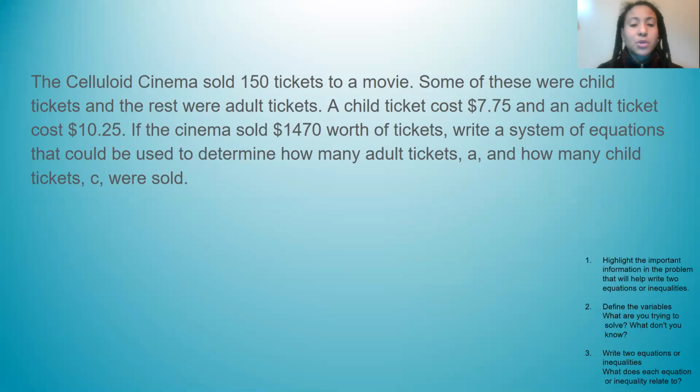If the cinema sold $1,470 worth of tickets, we want to write a system of equations that could be used to determine how many adult tickets A and how many child tickets C were sold, okay? So it's a lot of words, but first thing we want to do is highlight some information. So let's see, what can we highlight?